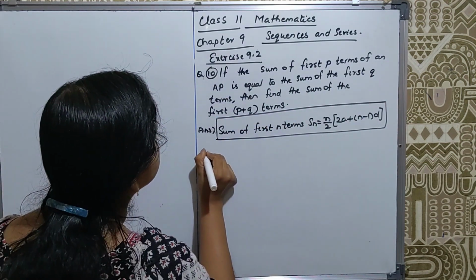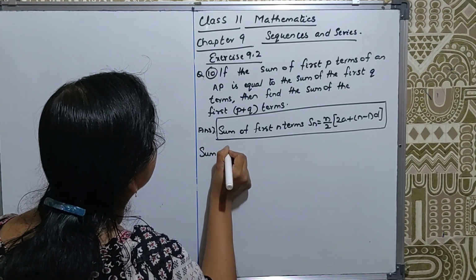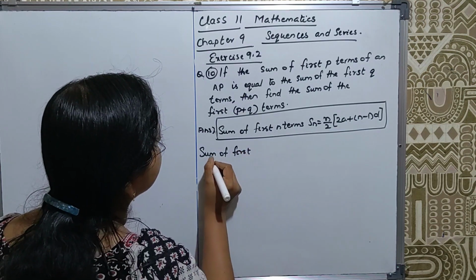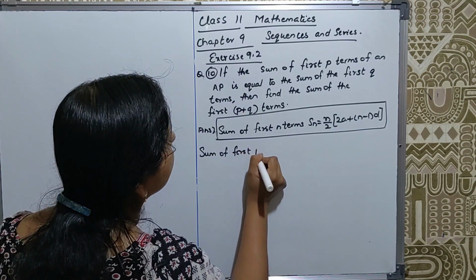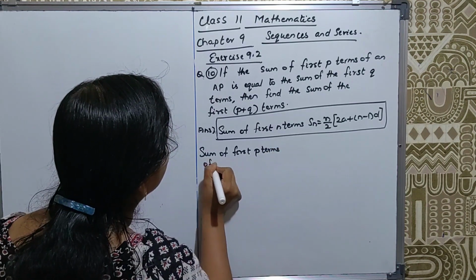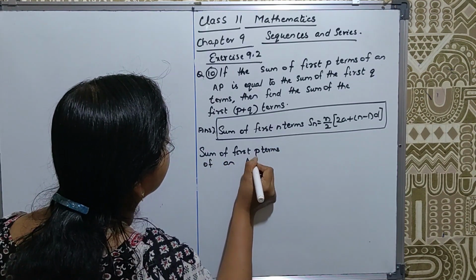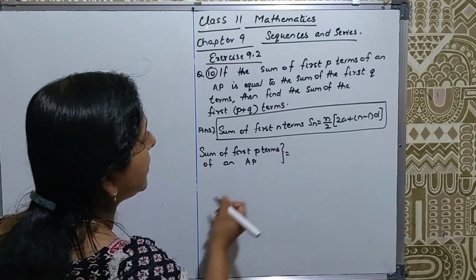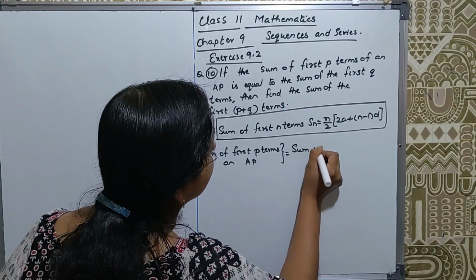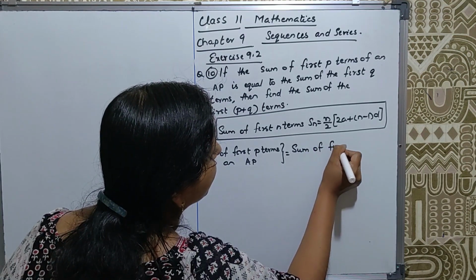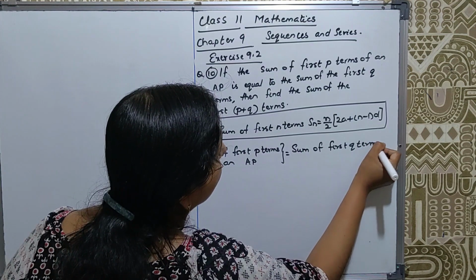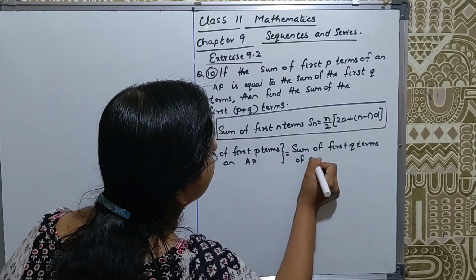Now here, sum of first p terms of an AP is equal to sum of first q terms of an AP.